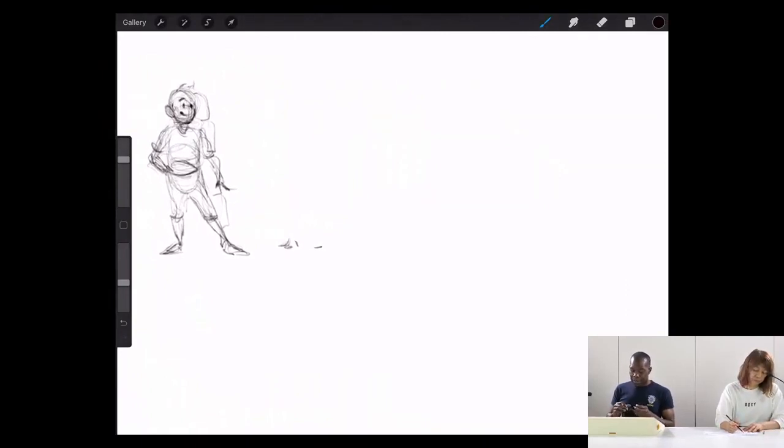ジェスチャー付きでもうちょっと子供を描いてみましょう。And by the way, for people who may be parents or big brothers or big sisters, if you have a younger brother, younger sister, or a kid, there is your model. You're quite lucky.